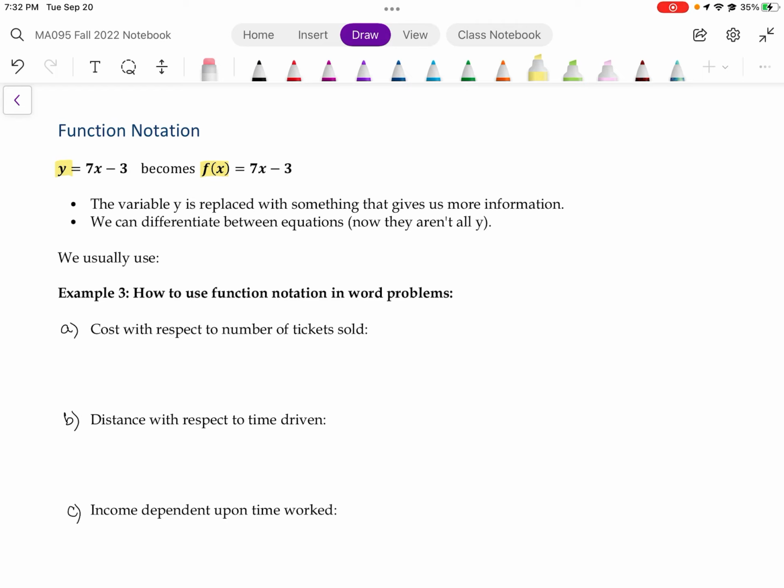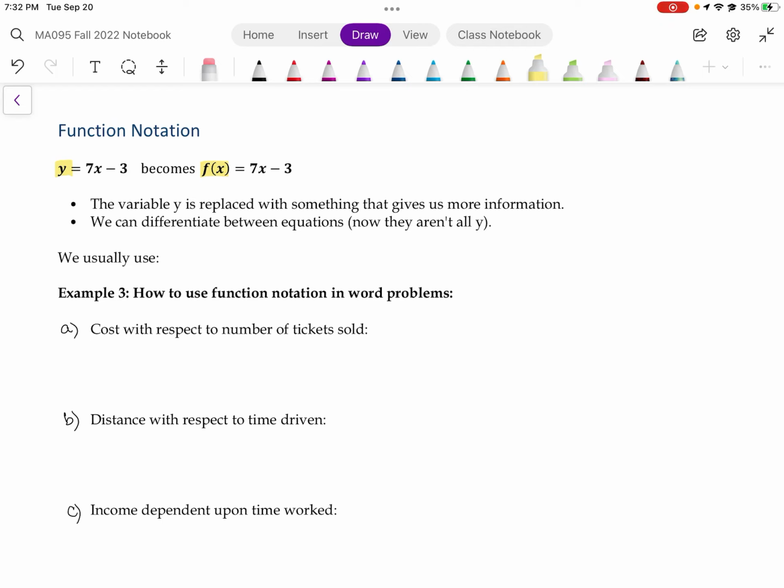Right? So the variable y is replaced with something that gives us more information. So now we can differentiate between equations that aren't all called y equals. So now we can have f of x and g of x and h of x and c of x for cost and things like that.